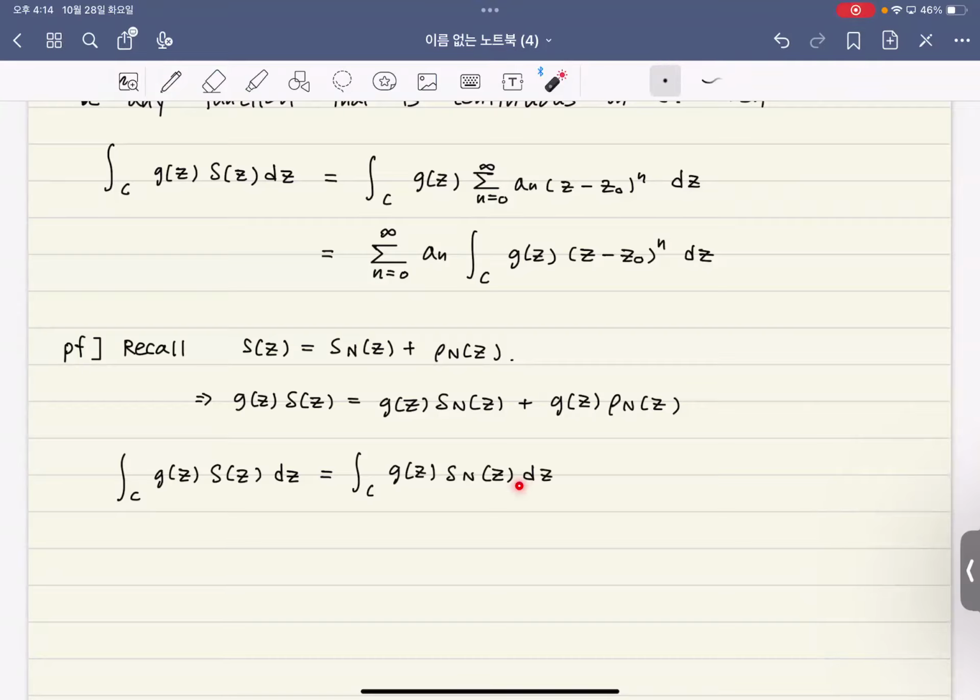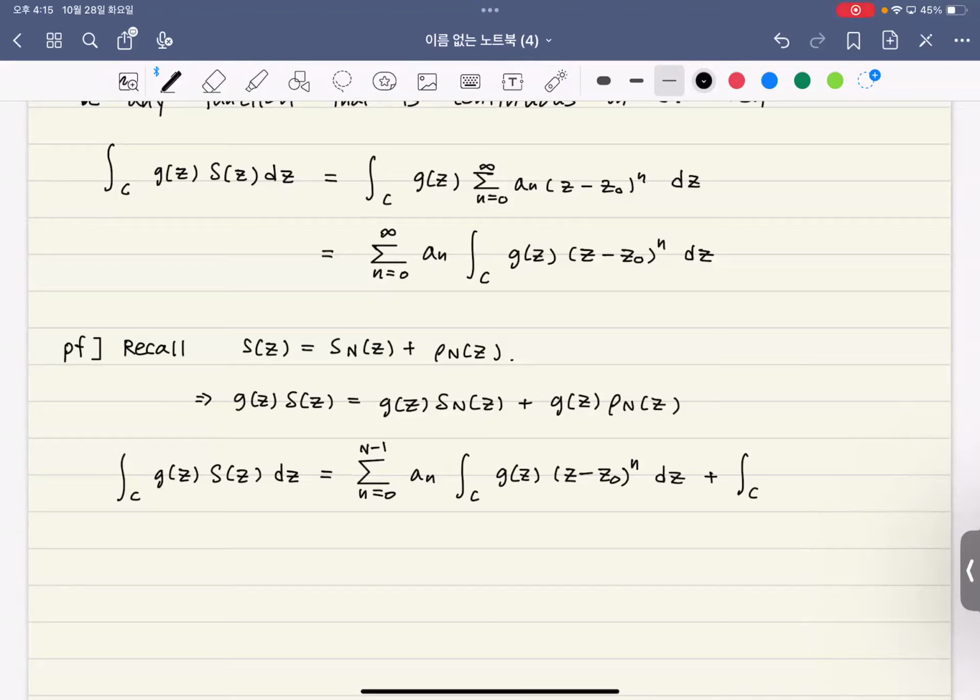This is just a polynomial of degree n minus 1, so allow me to write it using a summation, but this is a finite summation. So the sum of a_n times the integral of g of z times (z minus z0)^n dz, plus the integral of the remainder. Okay, good.